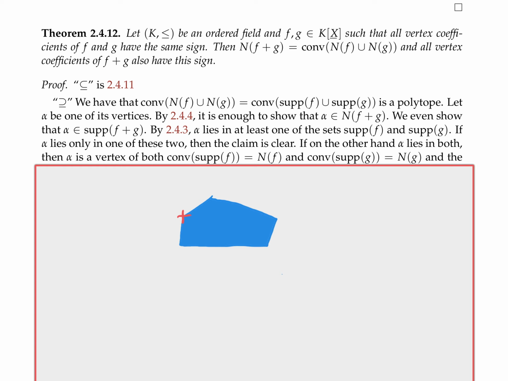So let's draw it in orange. And now this is of course also an extreme point of this smaller convex set, because it's not the midpoint of a small line segment that lies in the bigger set. Okay, so it's a vertex of both the Newton polytope of F and the Newton polytope of G.